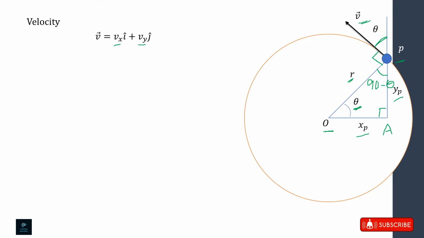Now we can resolve this velocity vector into components, and we can see that the x component is directed in this direction and the y component is directed in this direction.